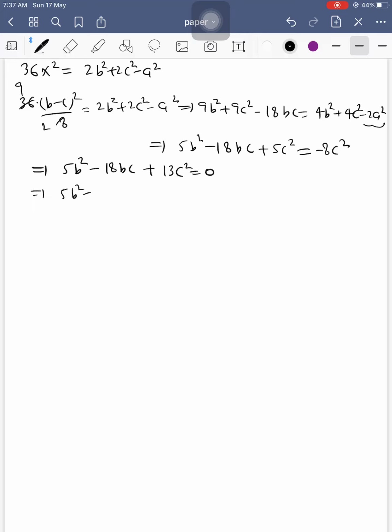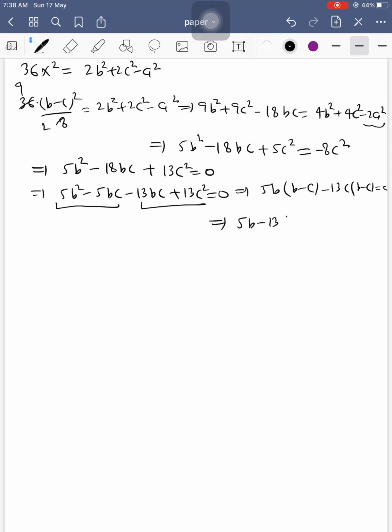This will imply 5B square minus 5BC minus 13BC plus 13C square equals 0. Okay, this implies 5B(B minus C) minus 13C(B minus C) equals 0. This implies (5B minus 13C) times (B minus C) equals 0.